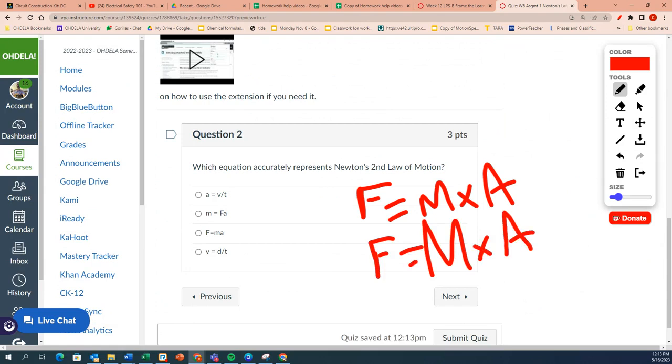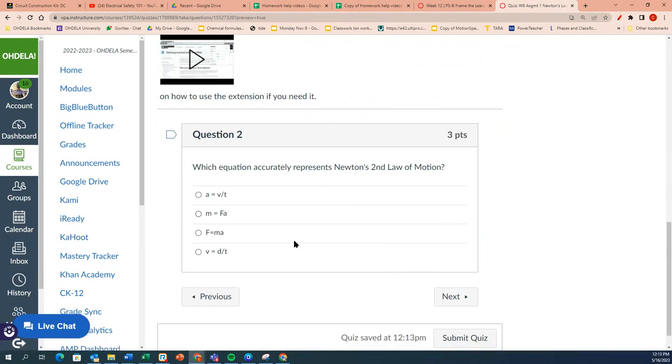And the smaller the mass, the acceleration can be larger to give it the same force. So basically a force can cause an acceleration on a mass, and the larger the mass, the greater the force.